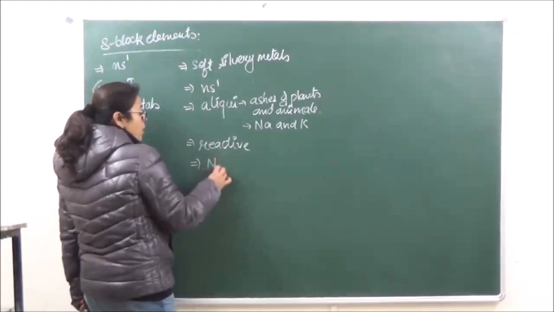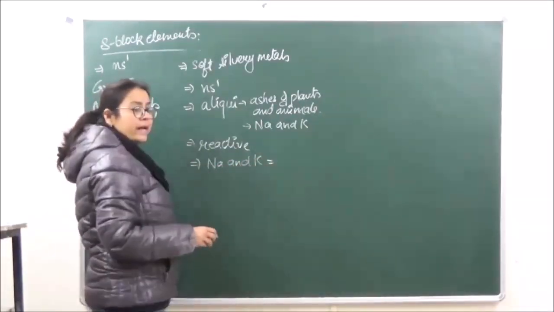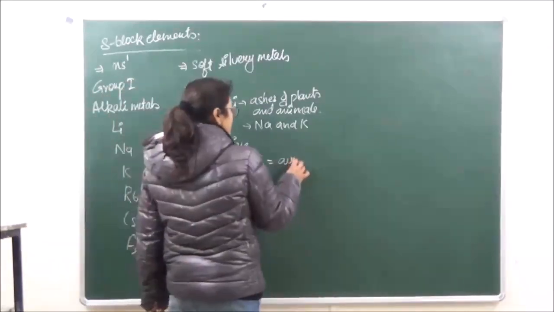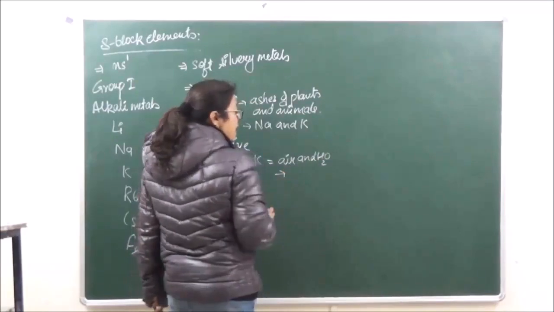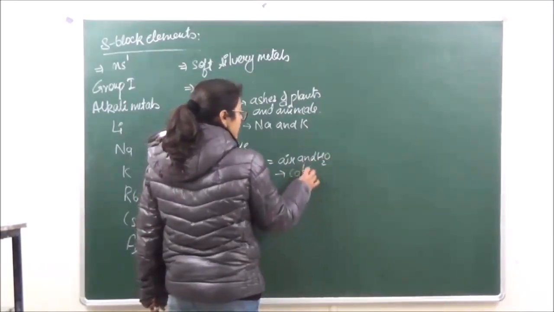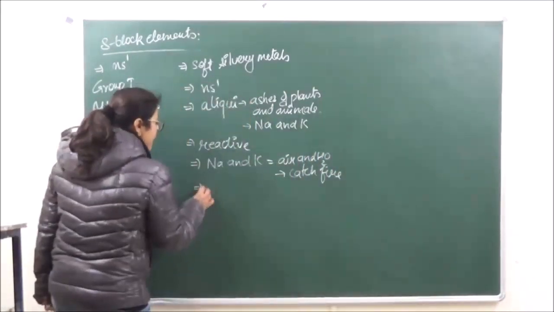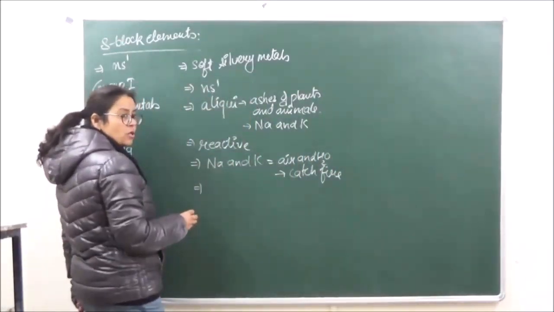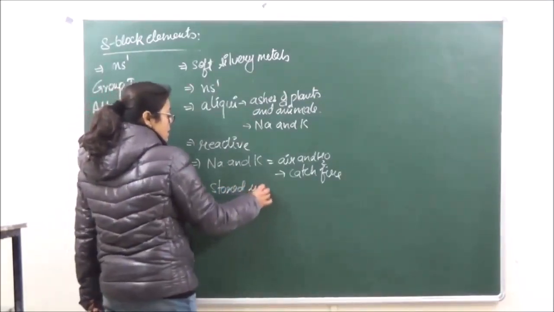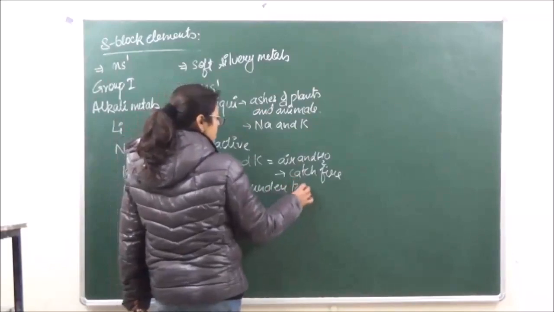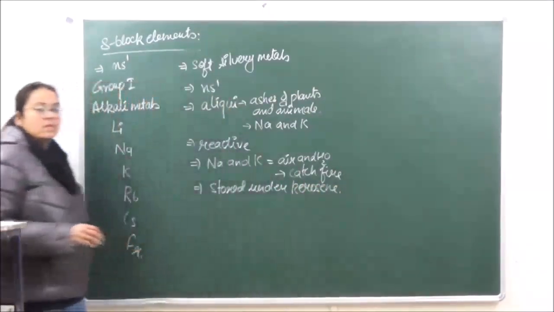Specifically, when we are talking of sodium and potassium, they are highly reactive when exposed to air and water. They are going to catch fire. So that is the reason why both these metals, sodium and potassium, are stored under kerosene, right?